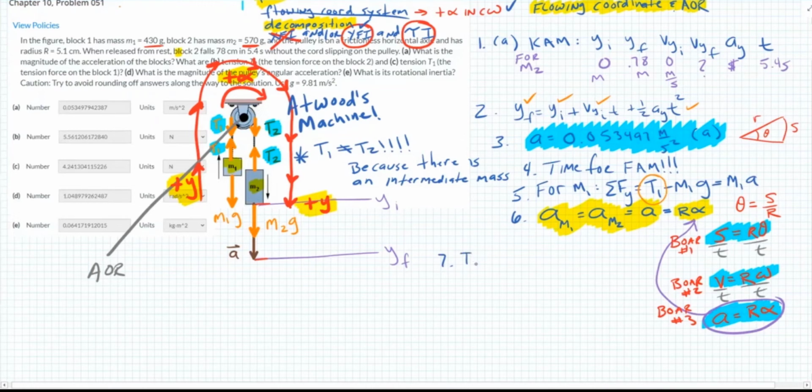T1 equals M1 times A plus G. I have my acceleration living in my calculator, plus 9.8. Convert from grams to kilograms, 0.43.